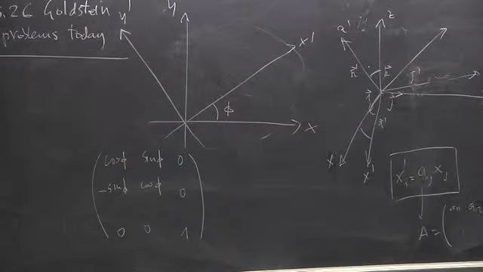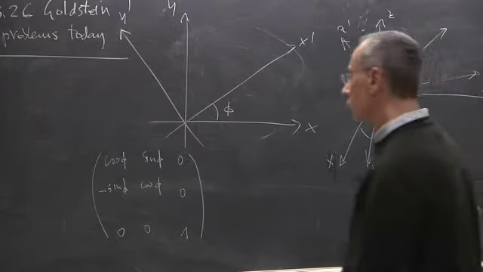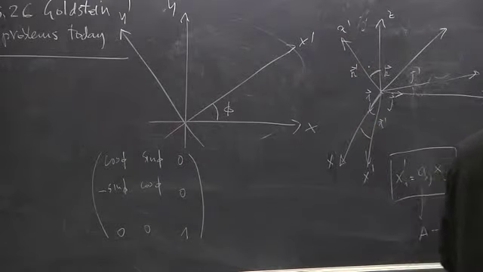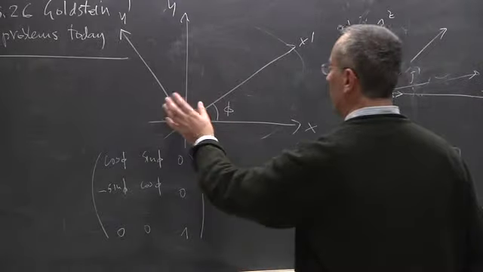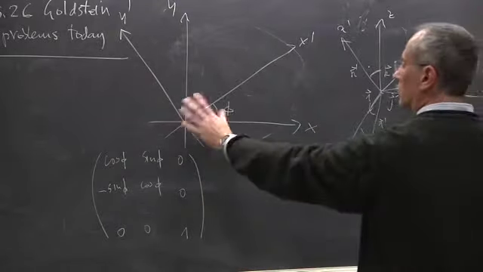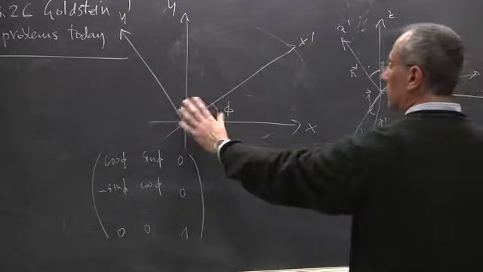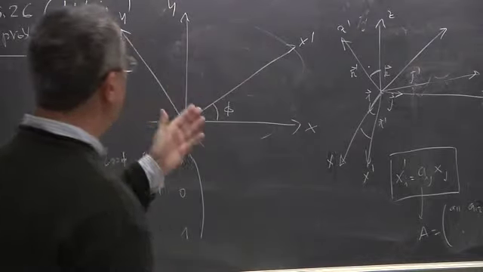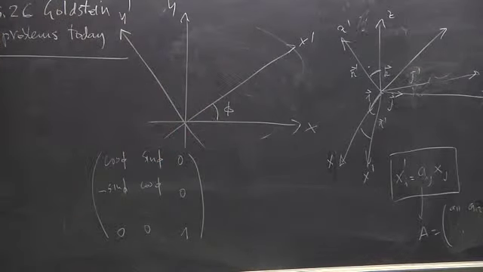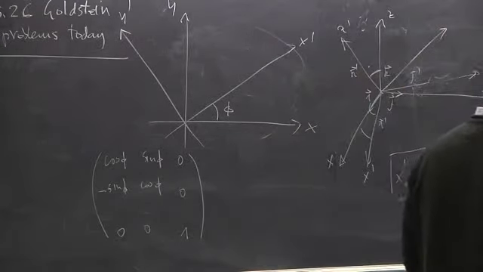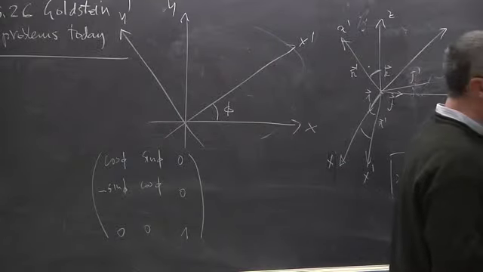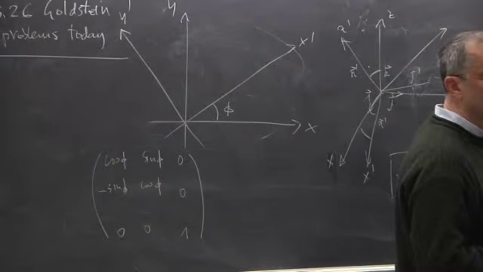Okay, so how about rotation in 3 dimensions? Because after all, we don't want our bodies to be constrained in 2 dimensions. A rigid body naturally rotates in 3 dimensions. Okay, so as I said, this set of angles is not very nice because you have 9 and they are not linearly independent.